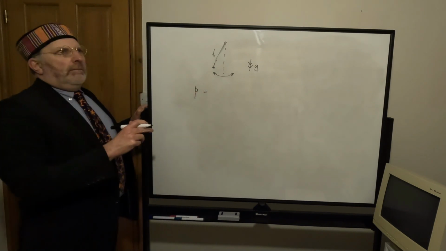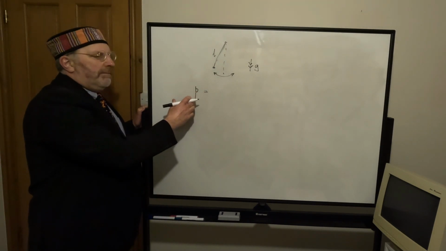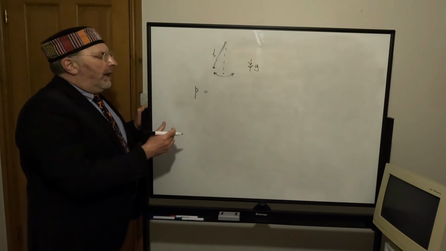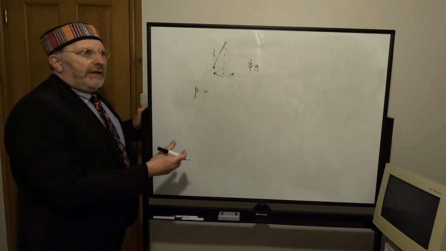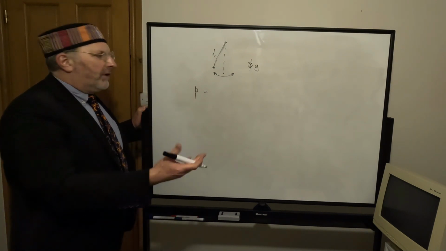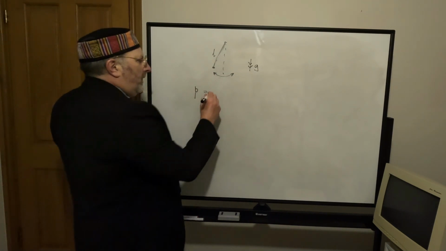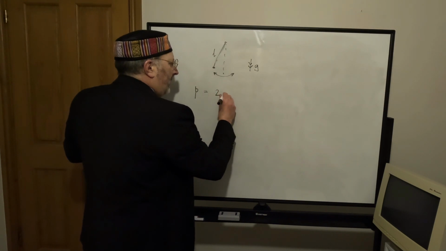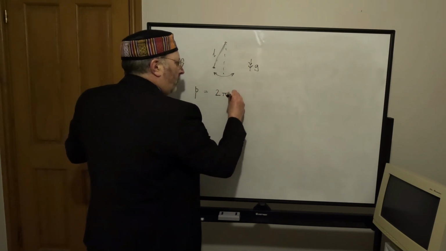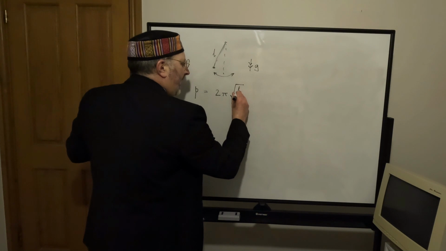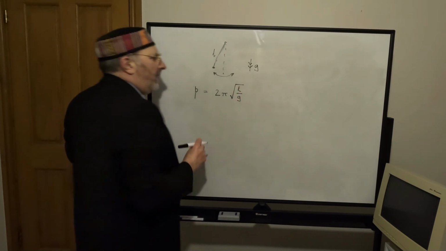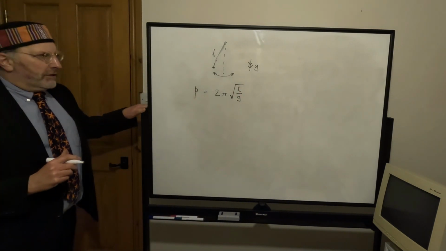It's actually more conventional to write the period of a pendulum with a capital T. But because we're using capital T for the dimension of time, to avoid confusion, I'll just write P for period. The formula is 2 pi times the square root of L, the length, divided by g, the acceleration due to gravity.